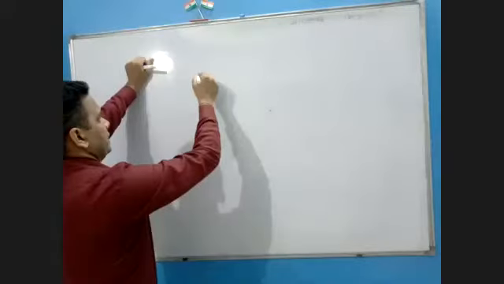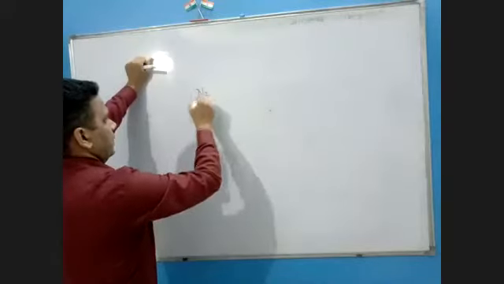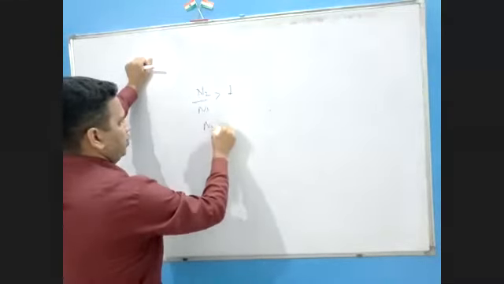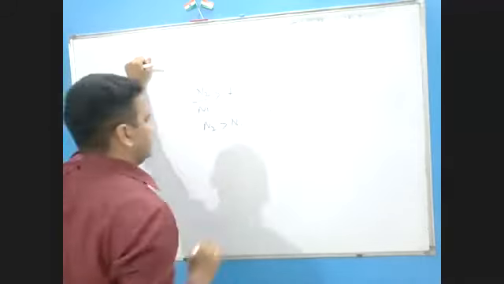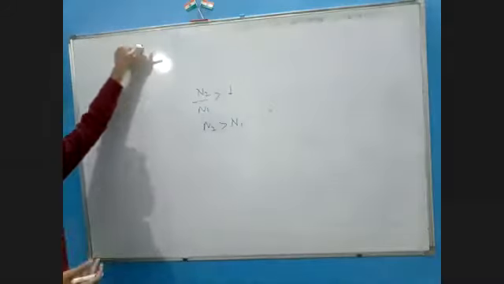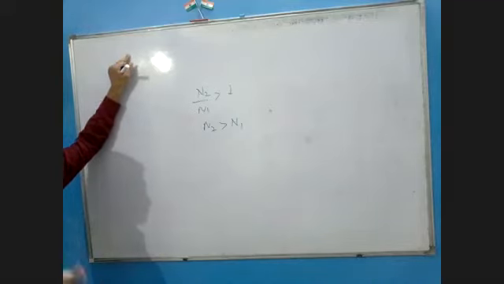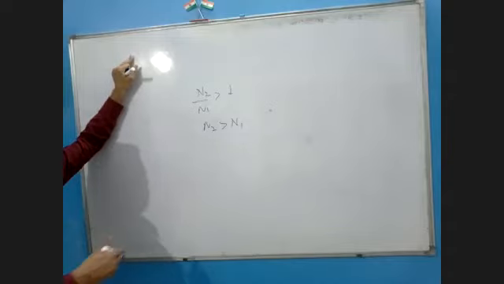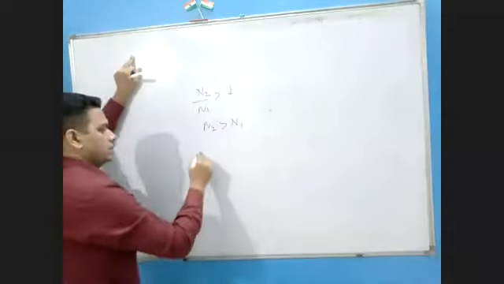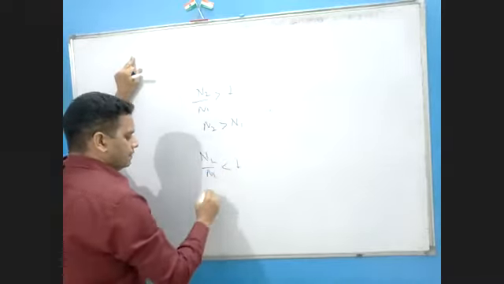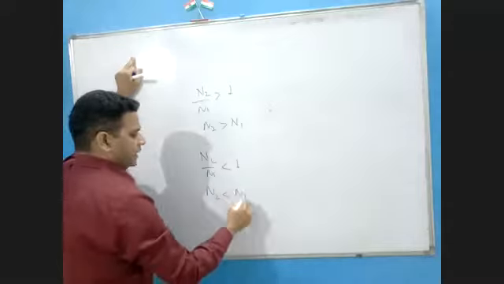You said step up N2 upon N1 greater than 1, N2 greater than N1. It means a step up transformer is a transformer in which the secondary coil has more turns than the primary coil. And for step down, N2 upon N1 less than 1, N2 less than N1.